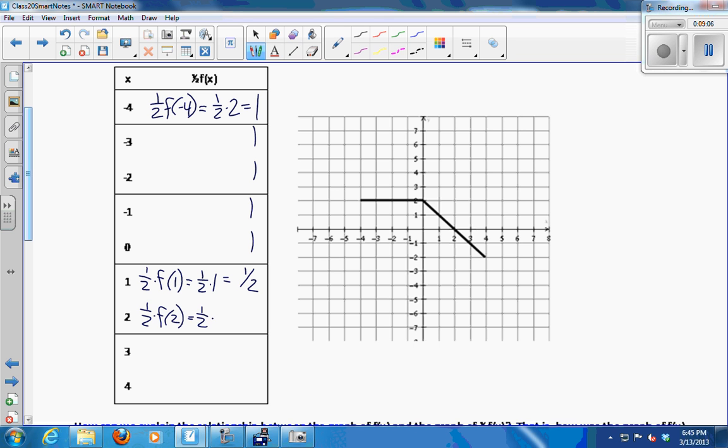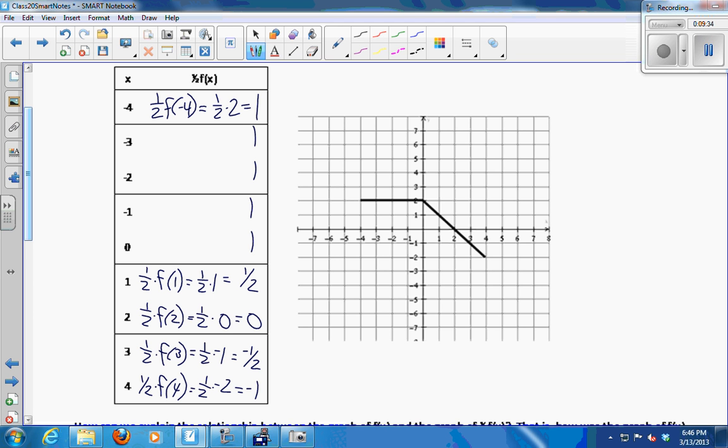That's a half times 0. Just 0. 1/2 times f of 3. That's 1/2 times -1, which is -1/2. And 1/2 times f of 4, which is 1/2 times -2, which is -1.